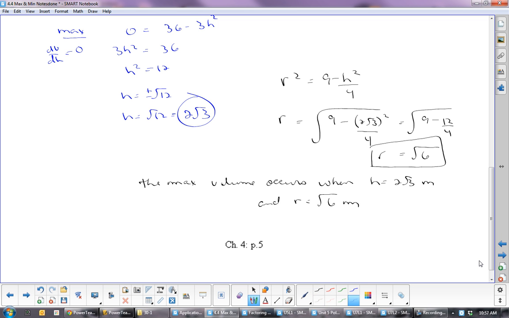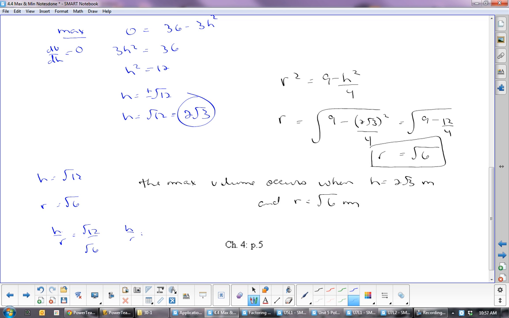So, okay, we got h is root 12, r is root 6. So h over r would be root 12 over root 6.